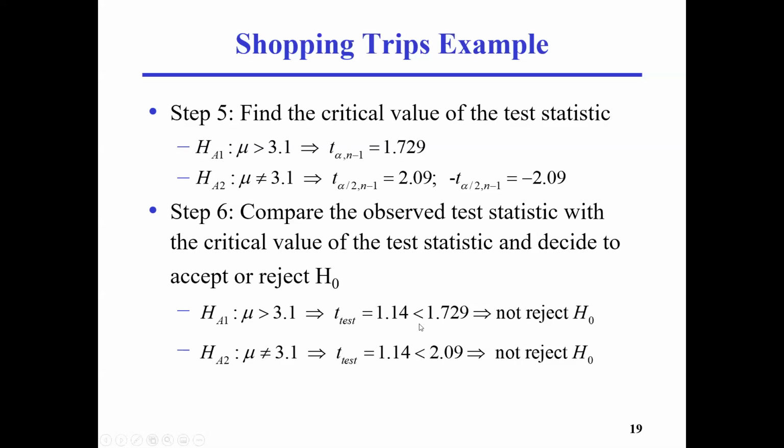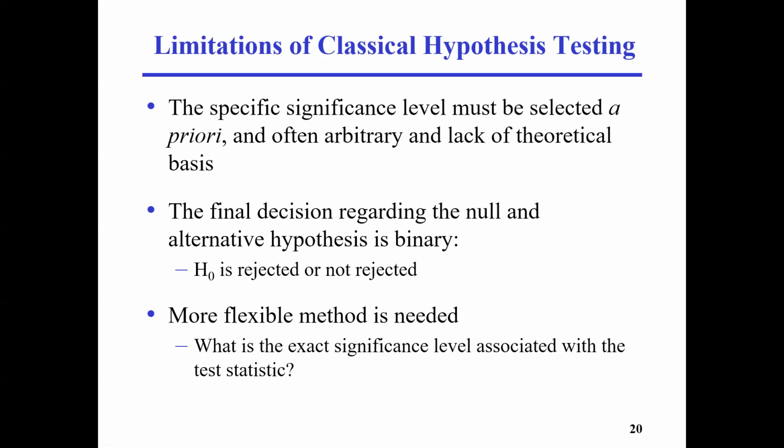For a one-sided test, 1.14 is smaller than the critical value, so we are not going to reject the null hypothesis. And for a two-sided test, the test value is still smaller than the critical value, so again we do not reject H0.